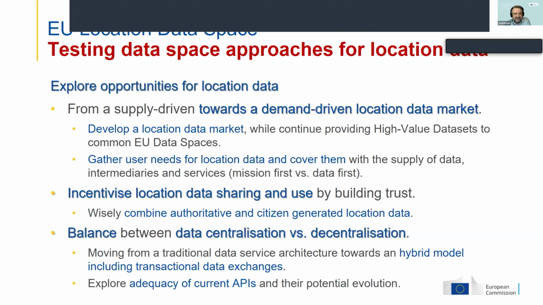Second, how to incentivize location data sharing and use. Here I would say that it would be wise to combine authoritative data and citizen-generated data, but also other external resources or sources of information.